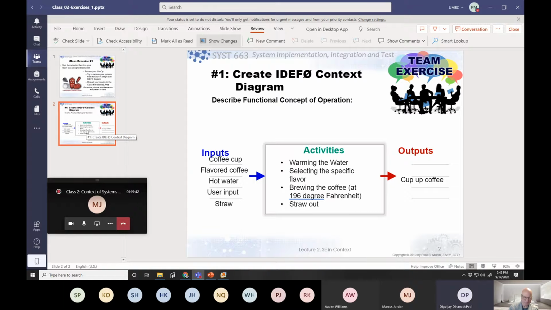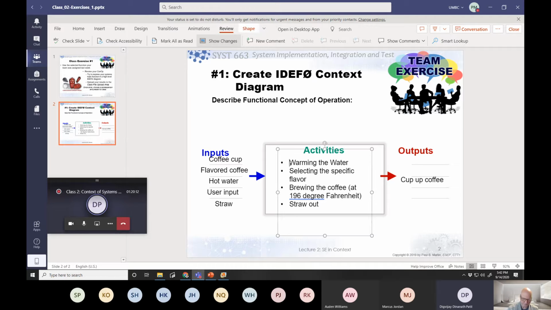So all the inputs are a coffee cup, the flavored coffee which is built into the system, then hot water, then a user input who selects the coffee, and a straw. And then in the activities process, you warm up the water, then the process selects the flavor chosen by the user, and brewing takes place.